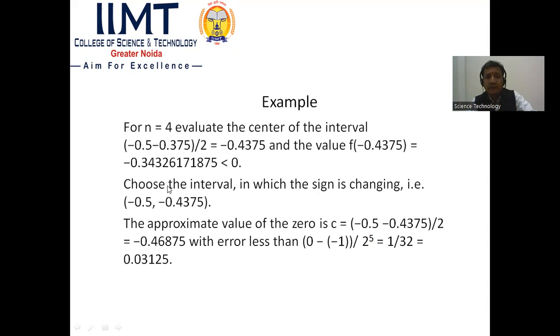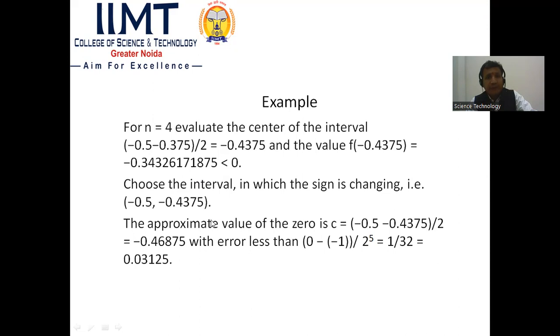So again, we will choose an interval in which the function is changing sign. So we will get a new interval, minus 0.5 to minus 0.4375.